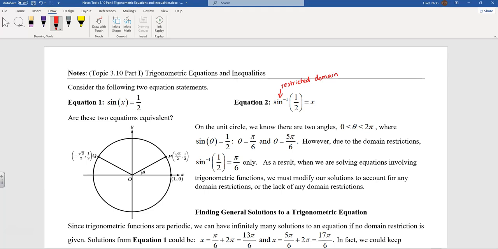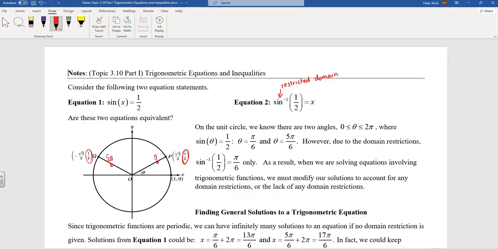So when we think of doing an inverse sine of both sides of an equation, we have to be careful here because on the original, if I ask myself where does sine equal 1/2 on the unit circle, there's two answers for that, right? Sine equals 1/2 right here at pi over 6 and also right here at 5 pi over 6. I've got two places where that happens, right? But inverse sine is only going to have one answer because it's in that restricted domain, right?